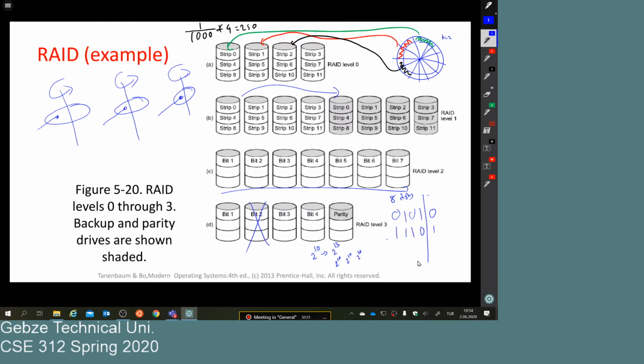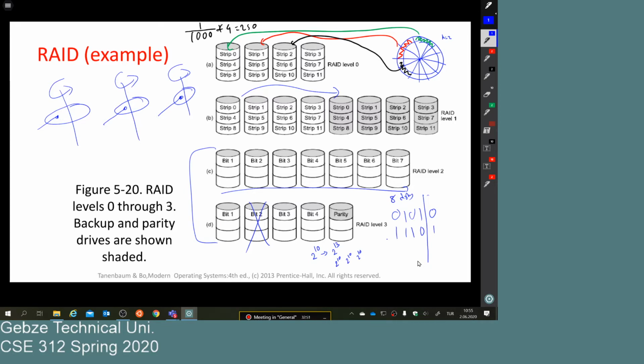There should not be any time difference between reading bit number 1 and bit number 2, because they are going to be part of the same byte. So these two have to be synchronized very, very strictly. Synchronization has to be done very carefully, so that means you need hardware help for RAID level 2 and RAID level 3.